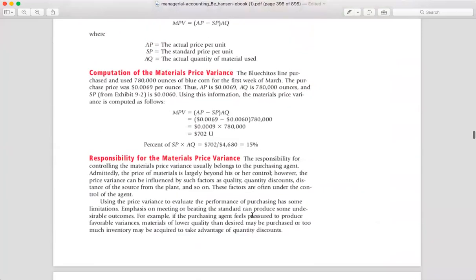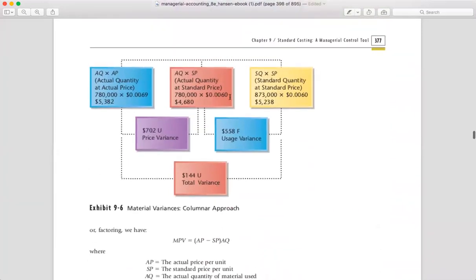Okay, so after you got these variances, you can see the difference between this amount. We got the price variance here, and also this part, the usage variance here.